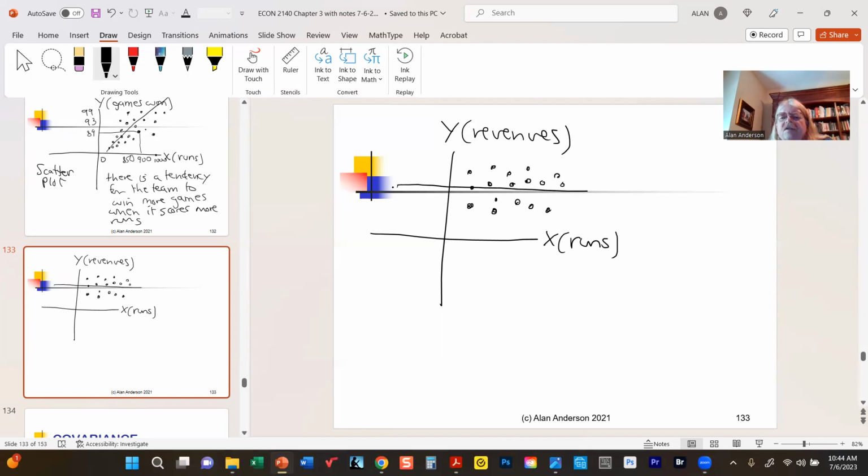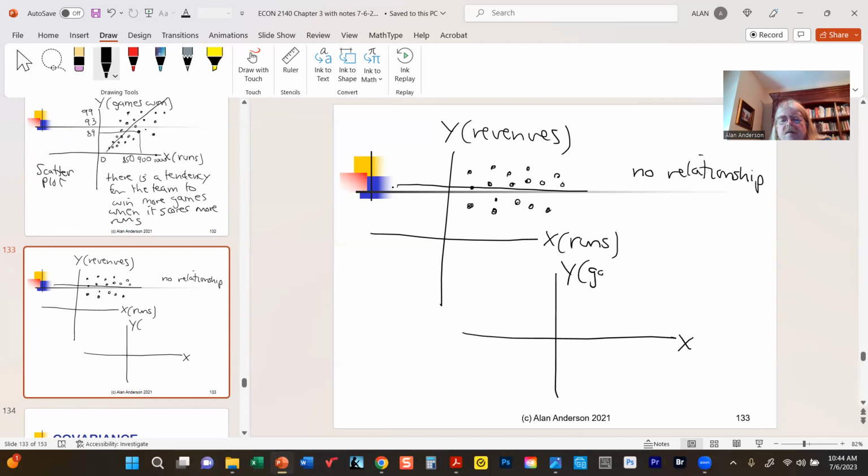And so what's happening here is that there's no relationship between the two. And then finally, we could have something like this. Let's say that Y is now back to being games won, but X this time is runs allowed, in other words, by the pitching staff.